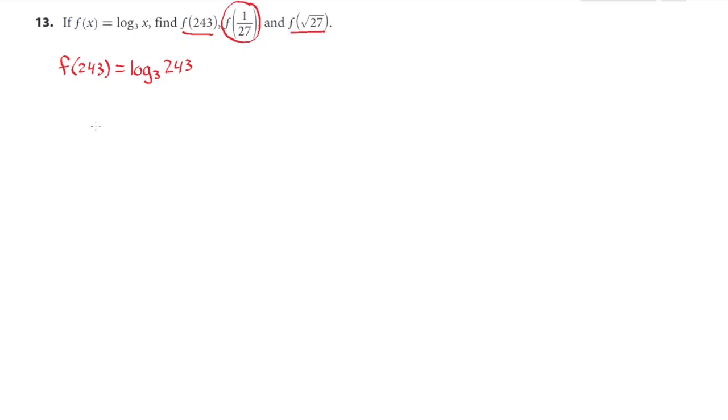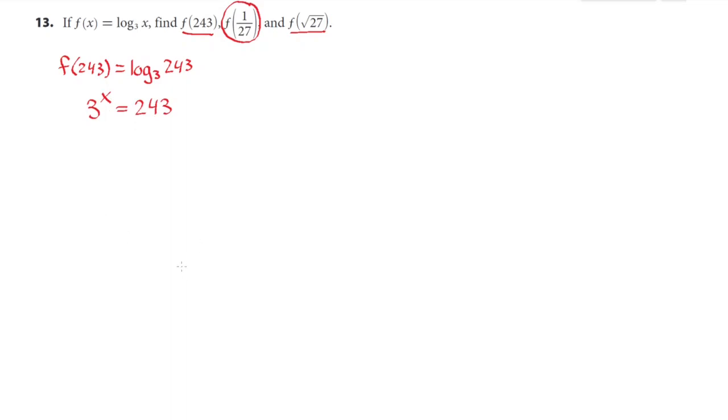However, if we want to write our work out in a more mathematical, logical fashion, then our work really should look like this, because that's really what we're asking. 3 to what power is 243? That's what a logarithm base 3 is asking.